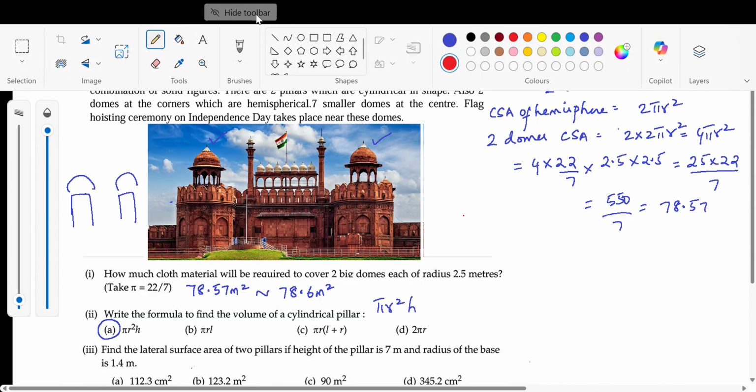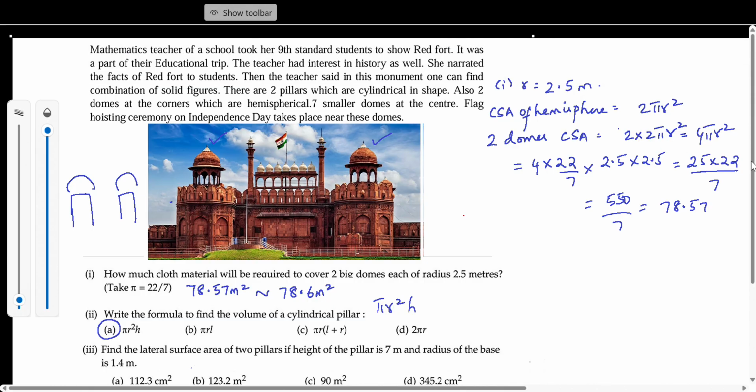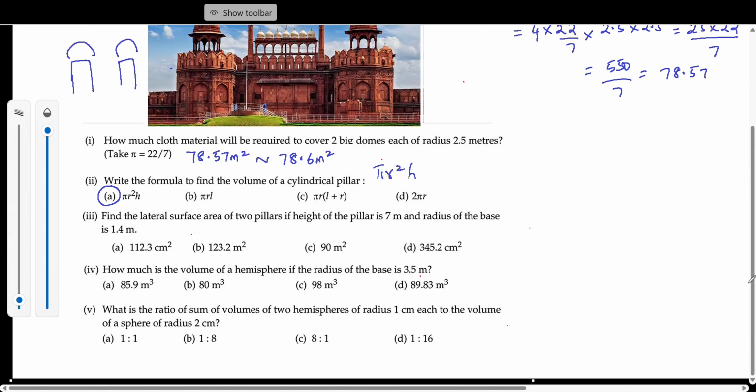Now just take another color for the next subdivision. Subdivision 3 asks us the lateral surface area. Lateral means side. Here the height of the pillar is given to be 7 and the radius is 1.4. The pillars are still cylindrical. Lateral surface area for a cylinder is actually curved surface area, which is 2 pi RH.